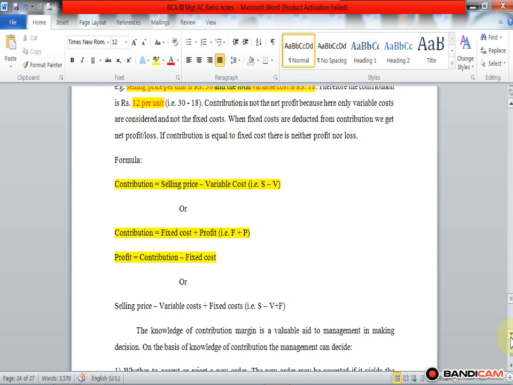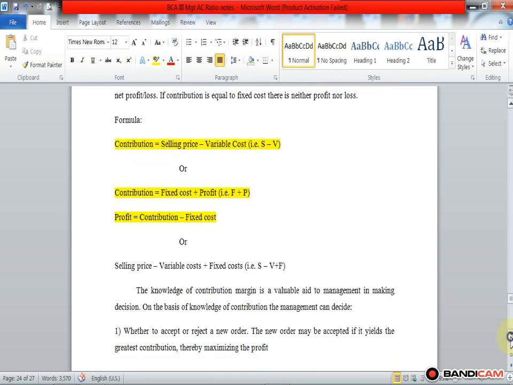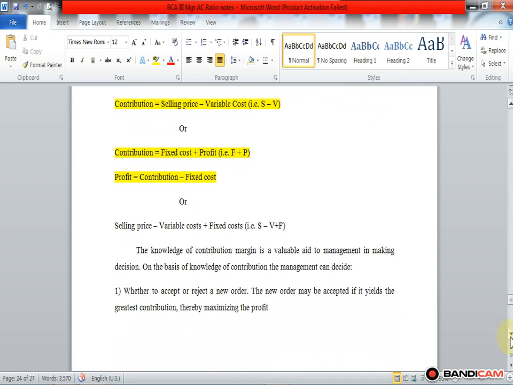The knowledge of contribution margin is a valuable aid to the management in decision making. On the basis of knowledge of contribution, the management can decide whether to accept or reject a new order.